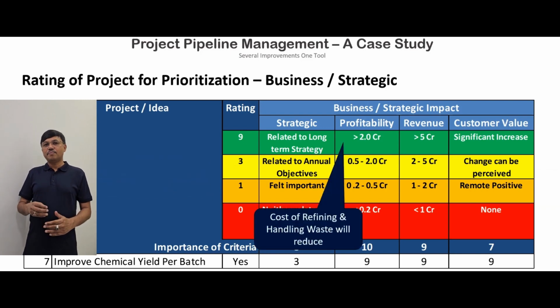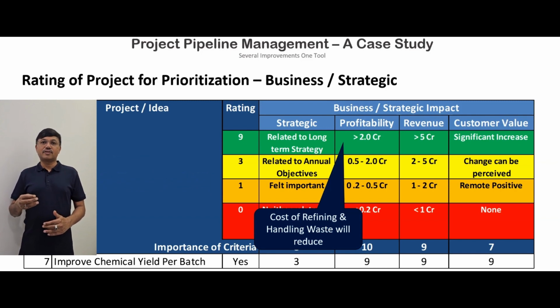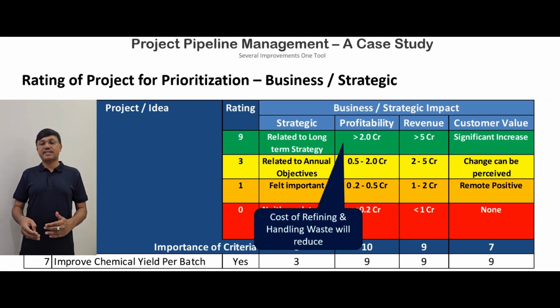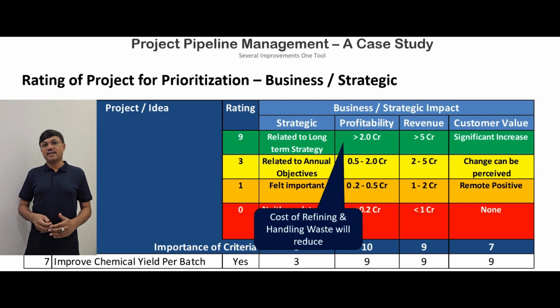Then on profitability, they calculated and found that if the yield increases, the cost of refining and handling waste will substantially reduce and will exceed 2 CR in savings, and therefore gave it a rating of 9.